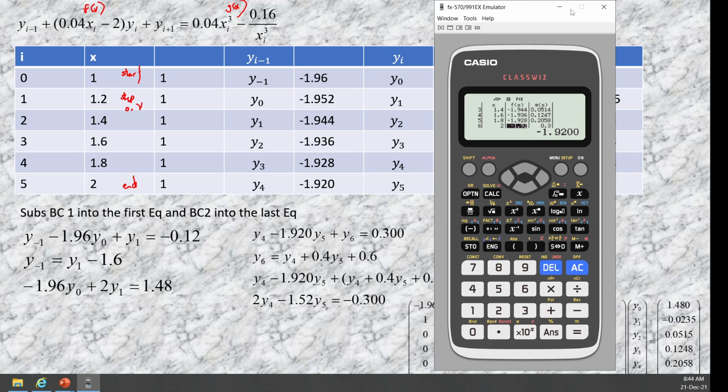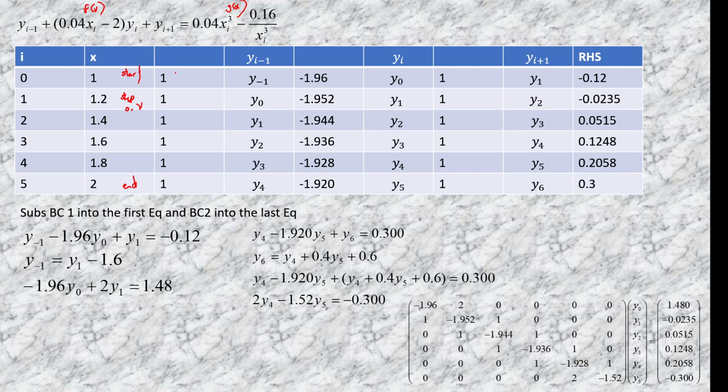Just now I forgot to say that the coefficient for yi minus 1 is always 1, and the coefficient for yi plus 1 is 1. When i is 0, you plug 0 into yi minus 1, so you get the term y minus 1, which in step 1 you already expressed and can substitute here.